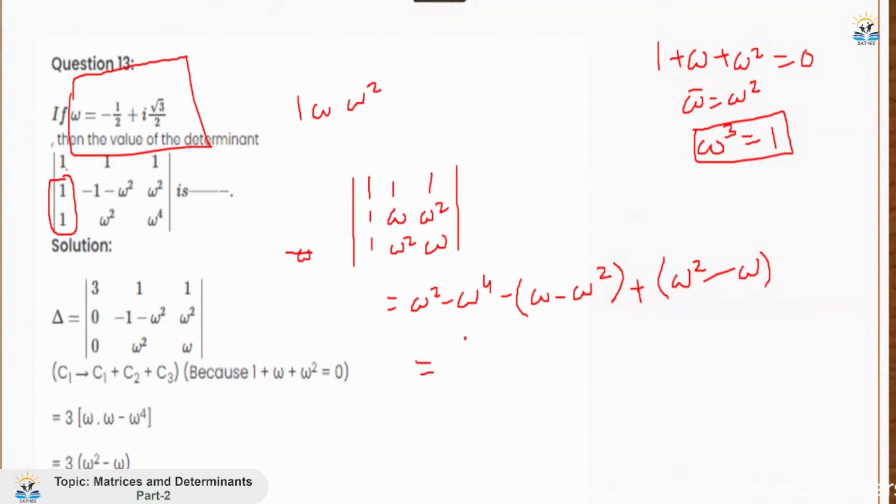So basically you are getting omega square plus omega square, which is 2 omega square minus omega 4 minus omega. So minus omega 4 is omega only. So minus 2 omega. And here it is plus omega square minus omega. So basically 3 times.